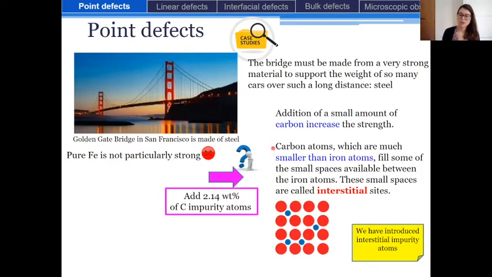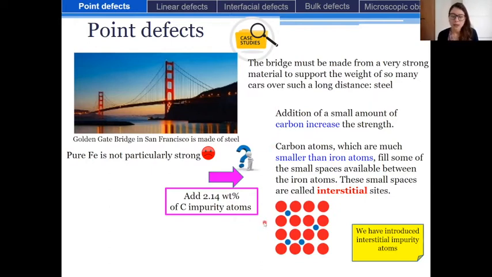And only this small amount of carbon atoms enables us to increase a lot the mechanical resistance of iron. And so by adding this small amount of carbon, we create steel. So this alloy is called steel.